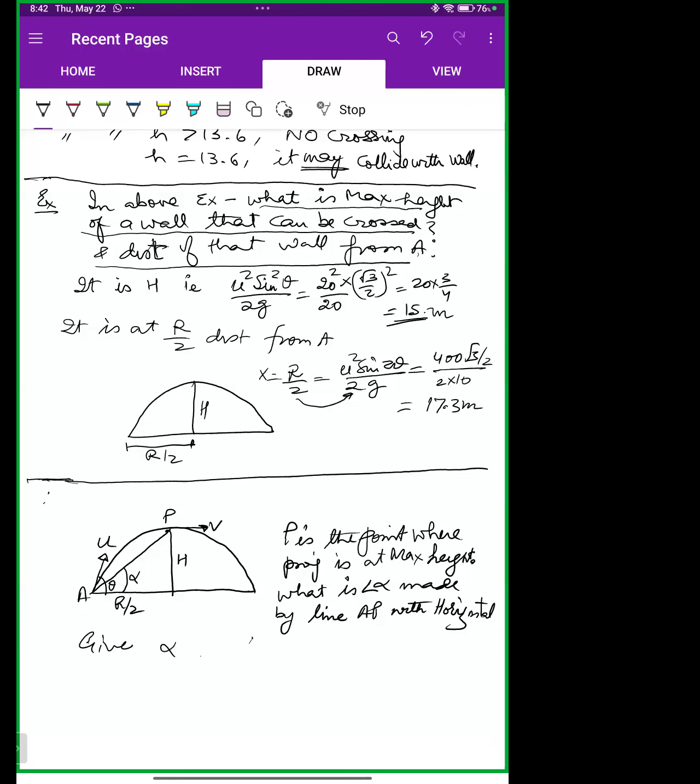Give alpha in terms of theta. Okay, go ahead. Alpha is a different angle. Alpha is smaller than theta, but they are interrelated.